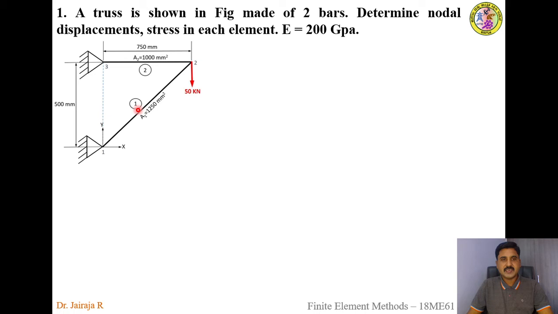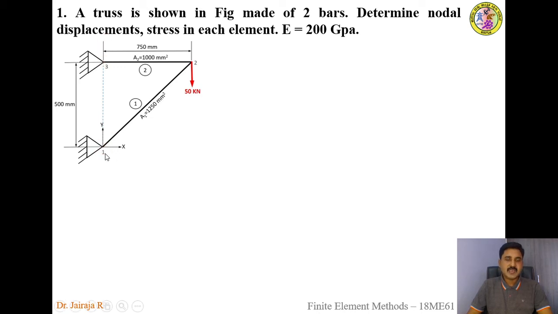Here there are two truss elements, element 1 and element 2, and there are three nodes, node 1, node 2, node 3. At node 1, displacement along x direction is u1, along y direction v1. Similarly, displacement at node 2 along x direction u2 and along y direction v2. Similarly, at node 3, displacement along x direction is u3, along y direction v3.